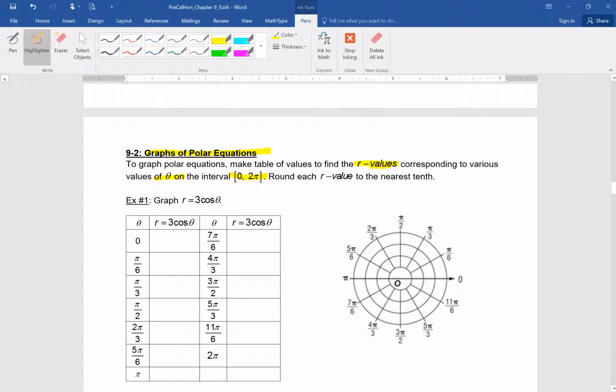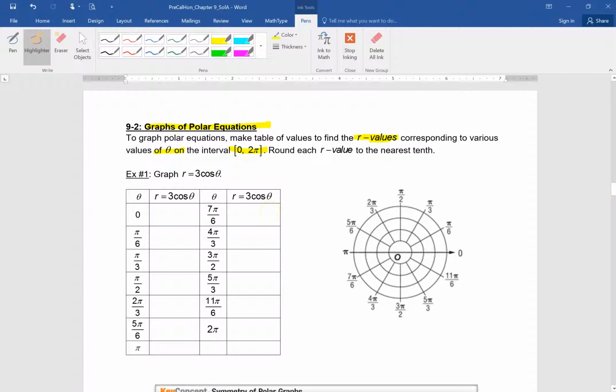One cycle for sine and cosine is a period of 2 pi, so we take strategic values of theta and find the corresponding values of r.